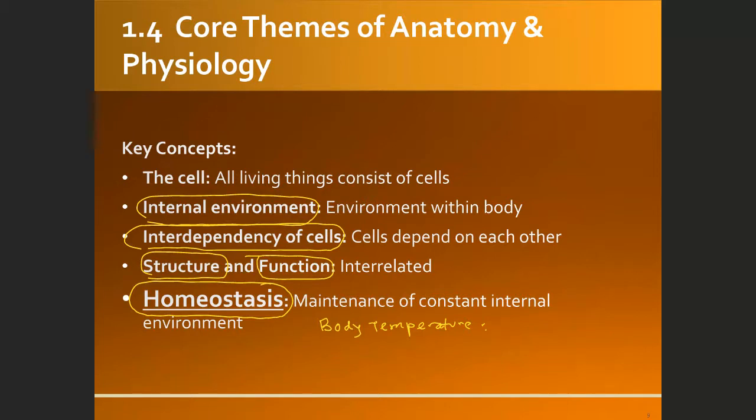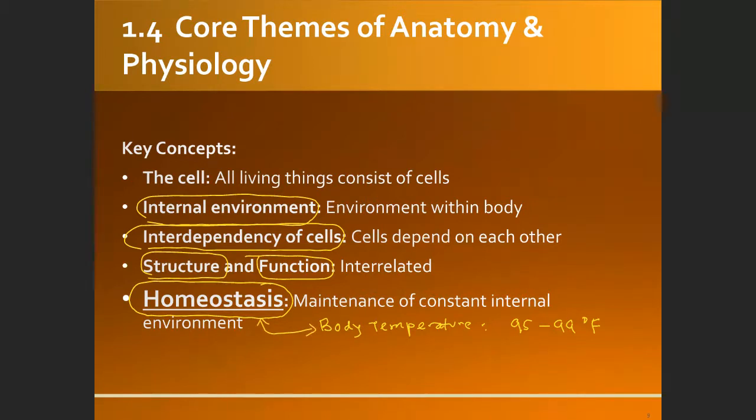So this is actually not a fixed number. This is a range of numbers or range of conditions. Like for example, a healthy or normal body temperature is around 95 to 99 degrees. So if our body temperature is within this range, then we are normal, we are healthy. And this is what we call homeostasis.